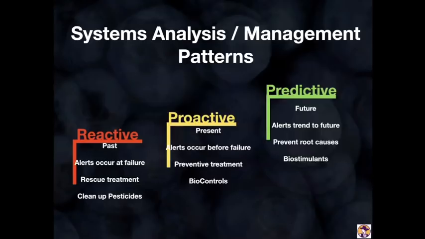So this is the framework where biostimulants really fit, because we can use biostimulants to change a crop's nutritional profile or to change a crop's energy so that it can be much more resistant to diseases that might show up in the future. And so I want to describe a little bit how that can fit.